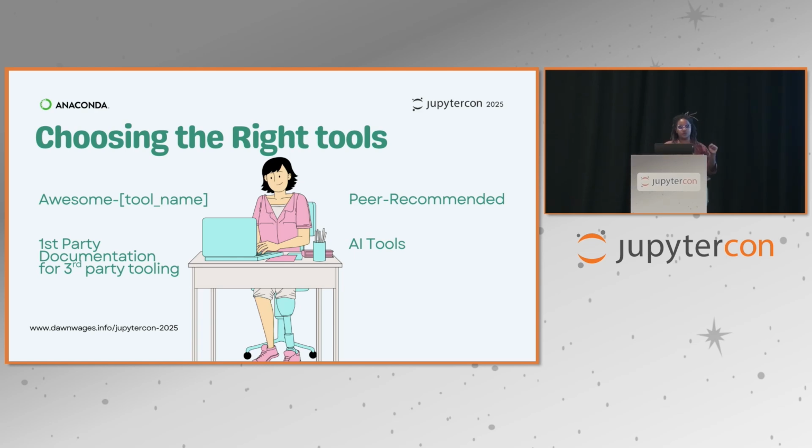How many people use Awesome Jupyter or JupyterHub to find tool recommendations? What about getting recommendations from your peers? Okay, so that's probably 70%, maybe 80. What about first-party documentation recommending third-party tooling? Do you go to JupyterHub for your third-party tooling recommendation? A couple of nods. And then what about your AI tooling?